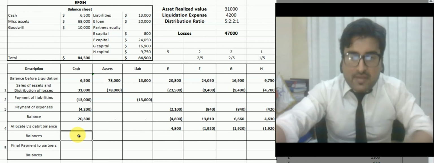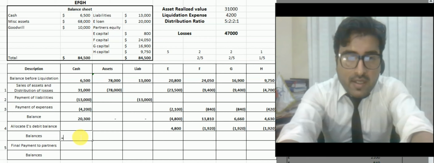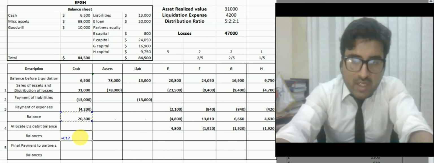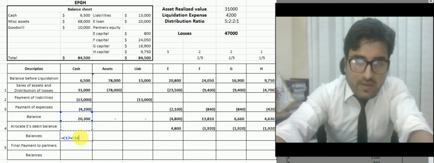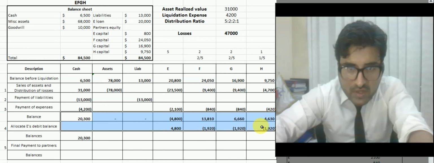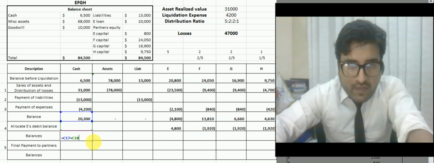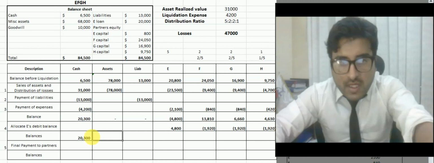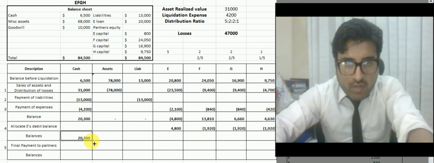Now balance it, equal sign, and from the balance take the balance plus this one. Okay, it means you have to add the last two columns, these two columns. So I have added the last two columns and just drag it to the right.